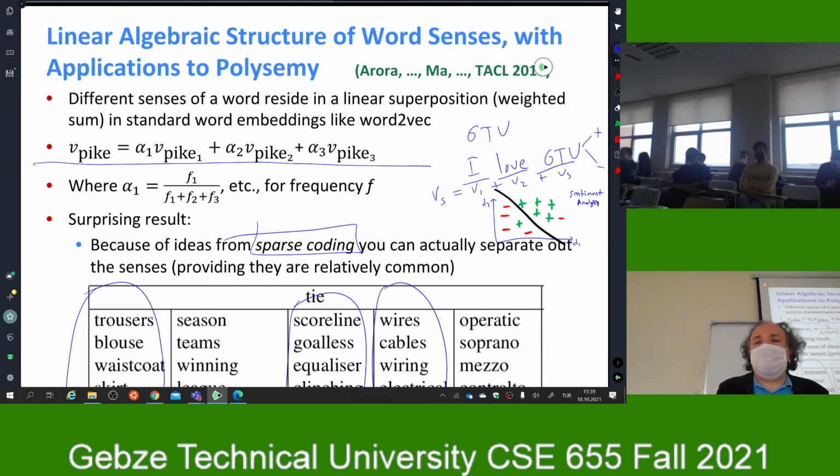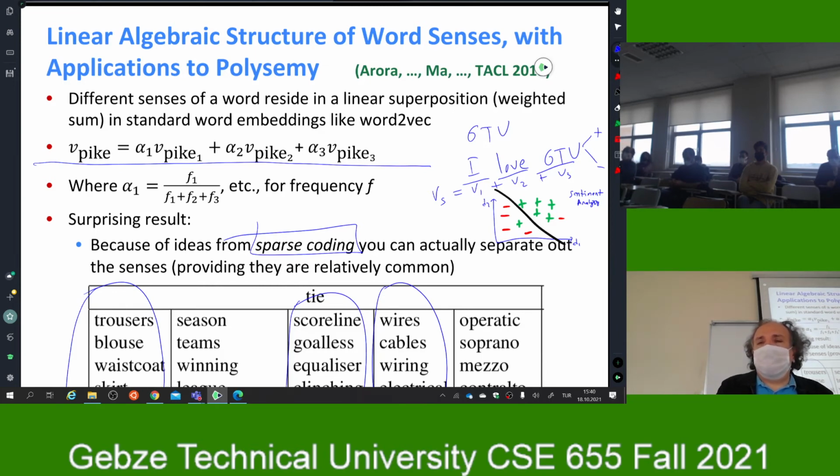For example, you might wonder, how is this going to differentiate I do love GTU from I do not love GTU? The word not has a word vector, okay.